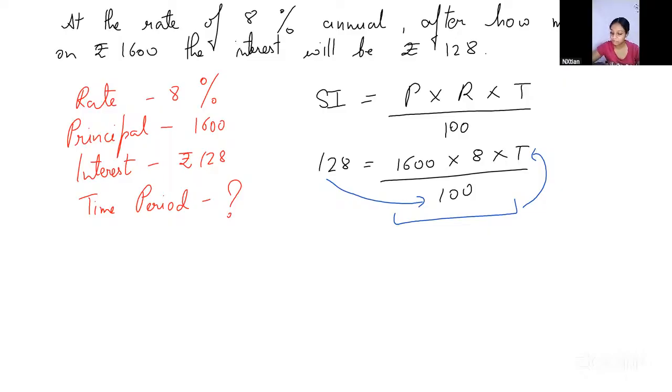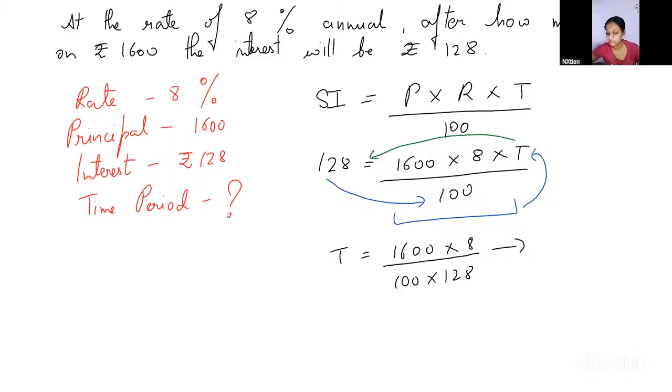See, first we have time is equal to 1600 into 8 upon 100 into 128. Then you do the reciprocal, which will make it 100 into 128 by 1600 into 8. Now you cancel.